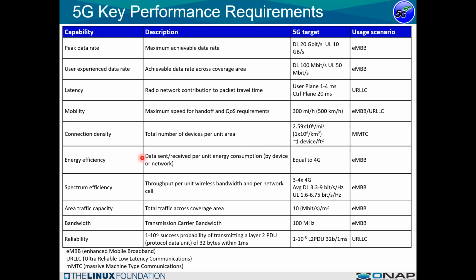Energy efficient, so equivalent to at least 4G, and spectrum efficiency, a throughput per unit wireless bandwidth and per network cell of 3 to 4 times that of 4G, area traffic capacities of 10 megabits per second per square meter, transmission carrier bandwidth of 100 megahertz, and 5 nines reliability, so 1 times 10 to the negative fifth successive probability of transmitting a layer 2 PDU.